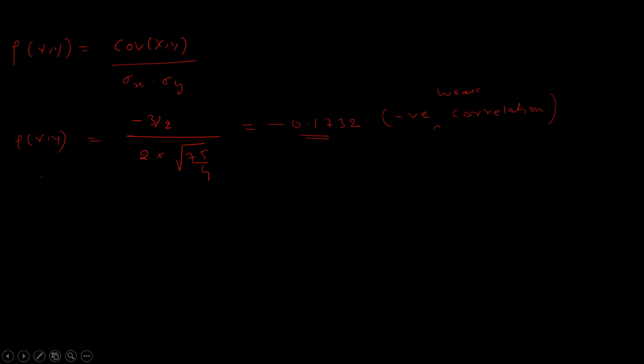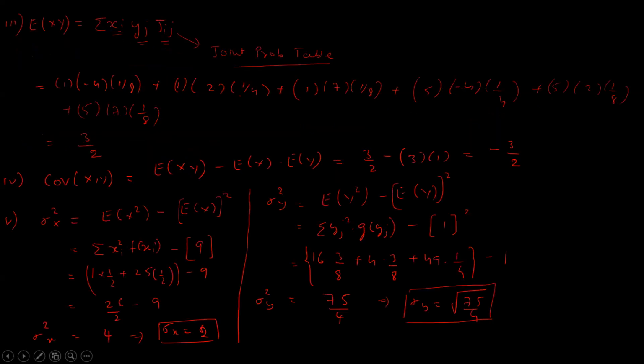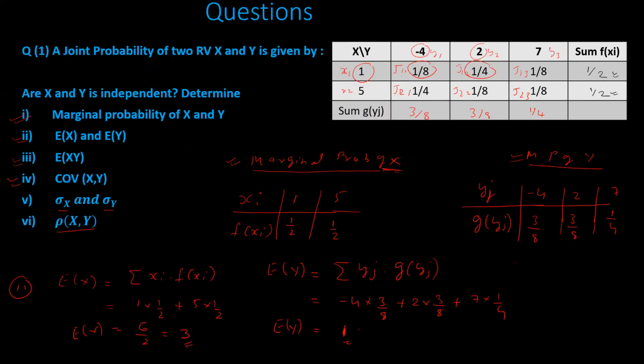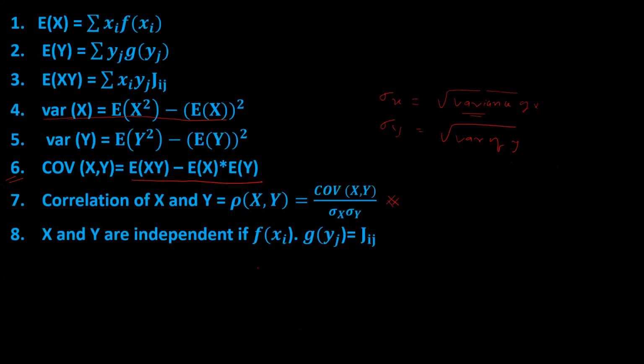Now I have to also check whether x and y are independent or not. How to check the independence? By this rule. Fxy is independent if f of xi into g of yj should be equal to j of ij is the formula.